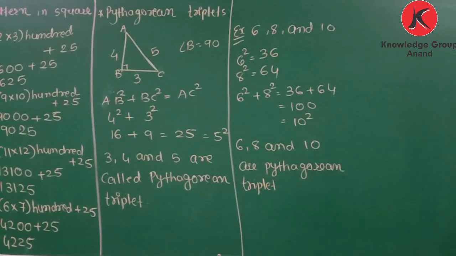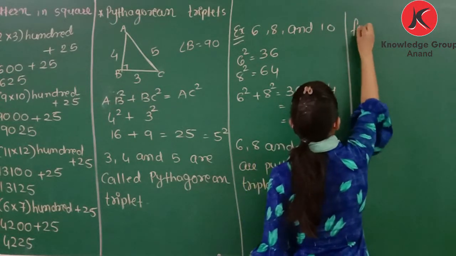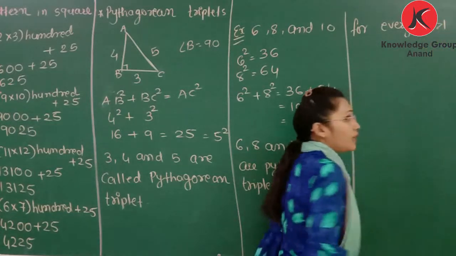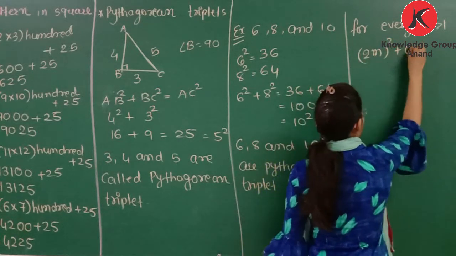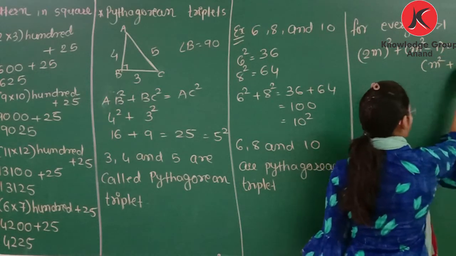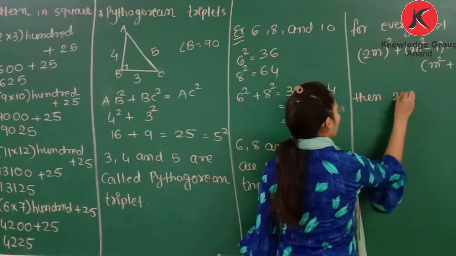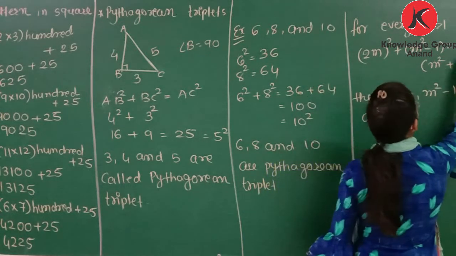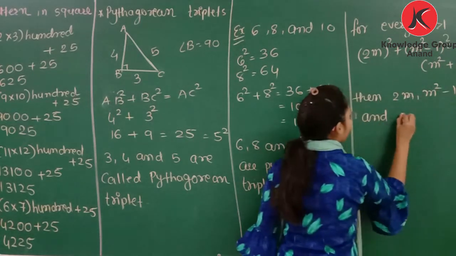So in general we can write, for every n greater than 1, meaning for every number, 2n whole square plus n square minus 1 whole square is equal to n square plus 1 whole square.